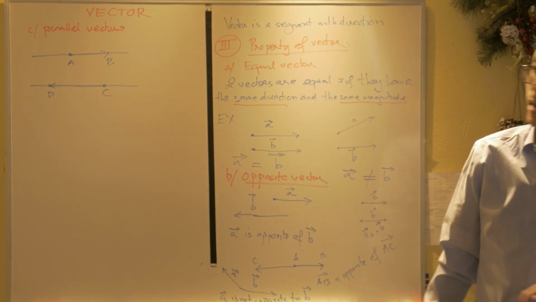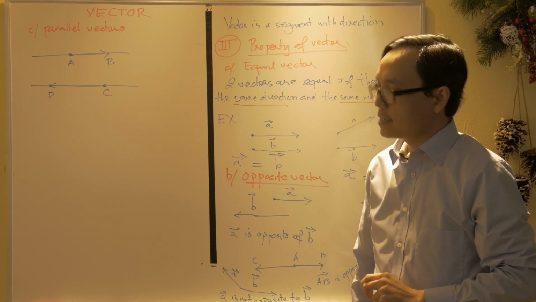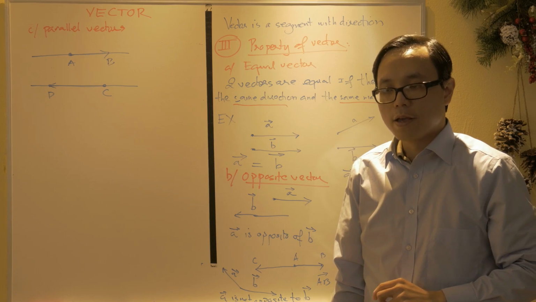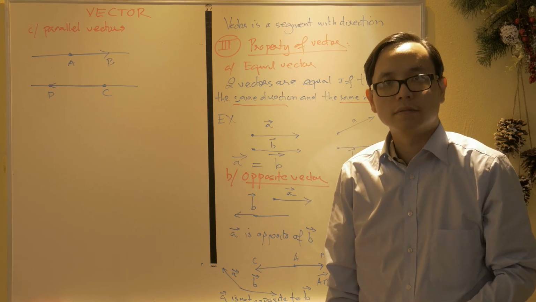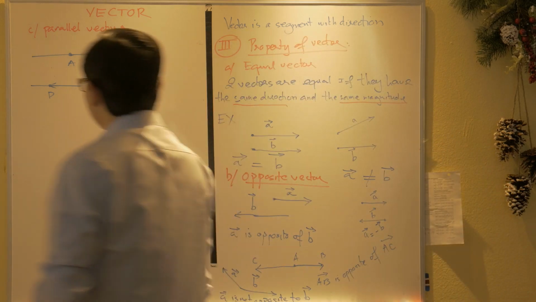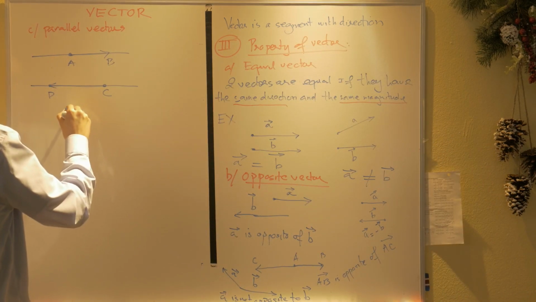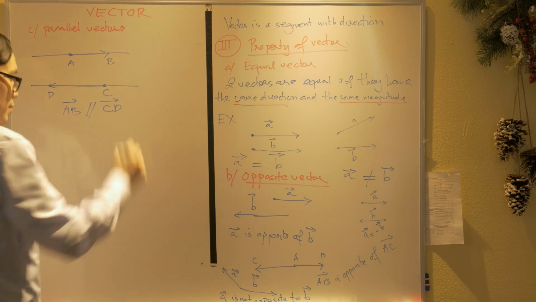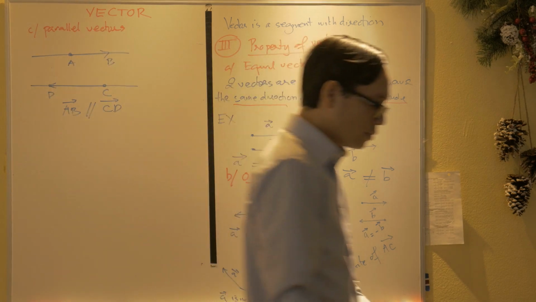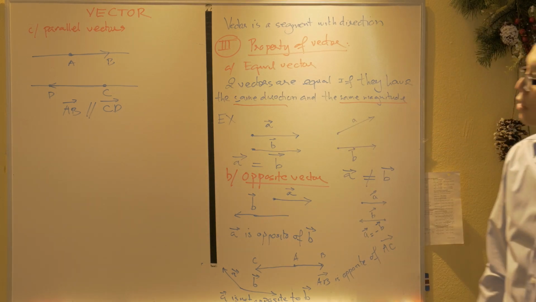So these two vectors here, I say that they're parallel to each other because they are lying on two parallel lines. So I can say vector AB is parallel to vector CD.